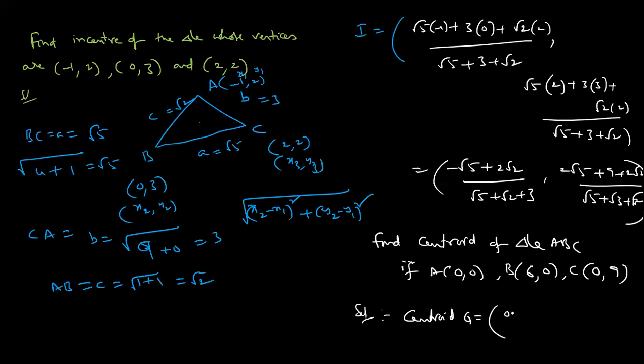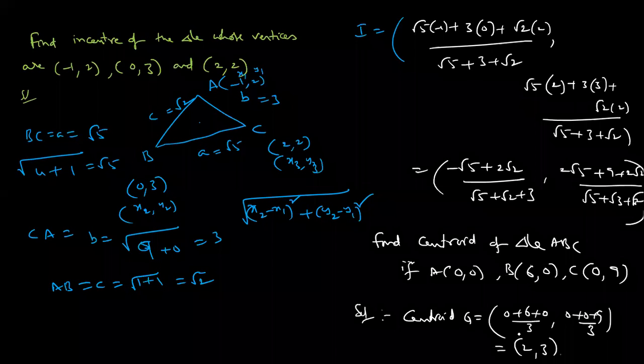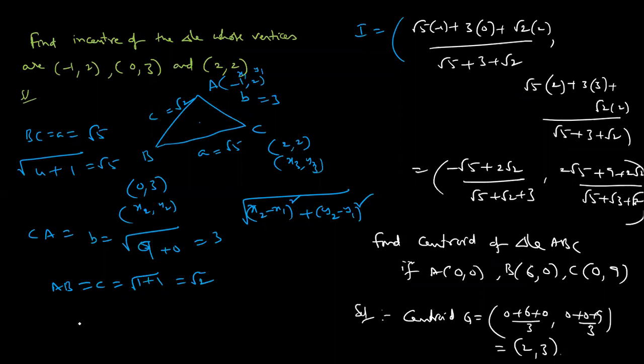What is the formula? x1 plus x2 plus x3 by 3. 2, 3. Yes, beautiful. 2, 1, 3 is the correct answer. Shall I proceed? Yes, sir. Next.